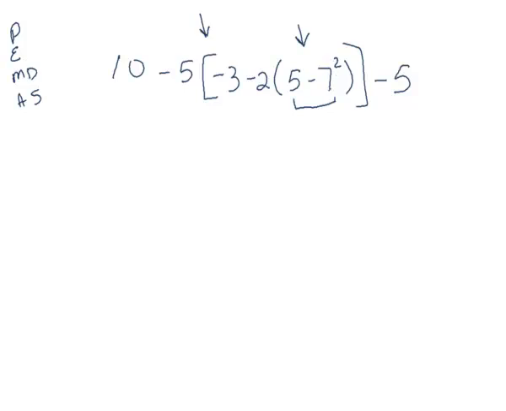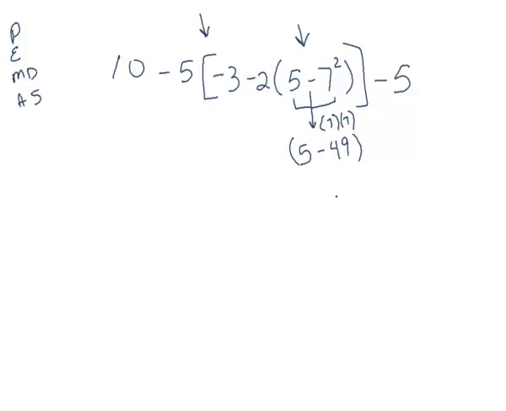So this is actually kind of a tricky question right off the bat because the exponent is on the 7, but it's not on the negative. So this is going to be 7 times 7, which is 49, and then this negative comes down like this. Okay, so this is a little bit tricky.